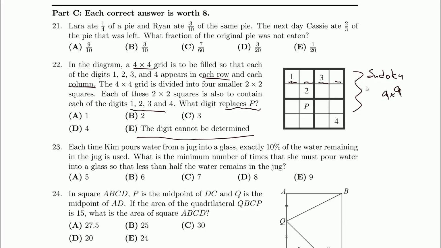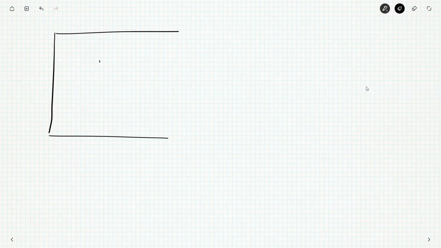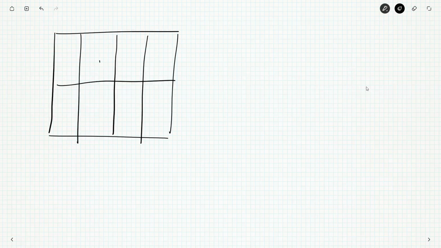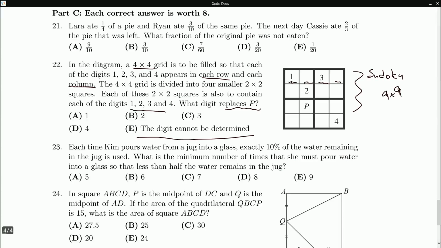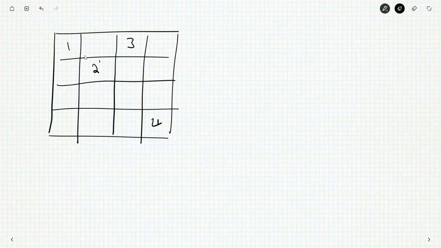So what I'm going to do is copy this sort of 2x2 Sudoku, and we're going to copy what we do know about it. So 1 blank 3, 2, there's a 4 down here. And I'm going to do 2 things.